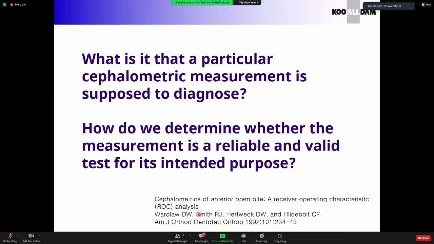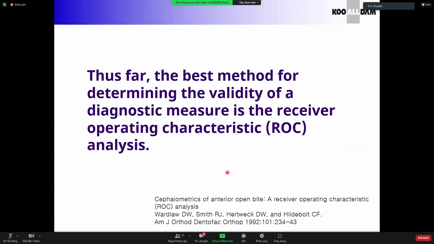This is Wits research. What is a particular cephalometric measurement supposed to diagnose? How do we determine whether the measurement is a reliable and valid test for its intended purpose? Thus far, the best method for determining the validity of a diagnostic measure is ROC analysis.